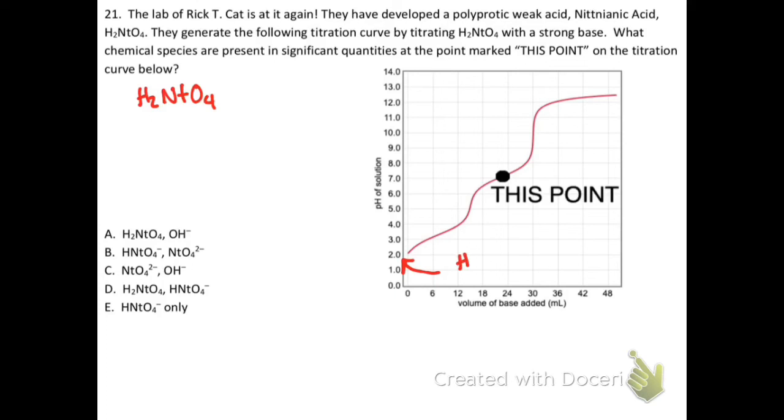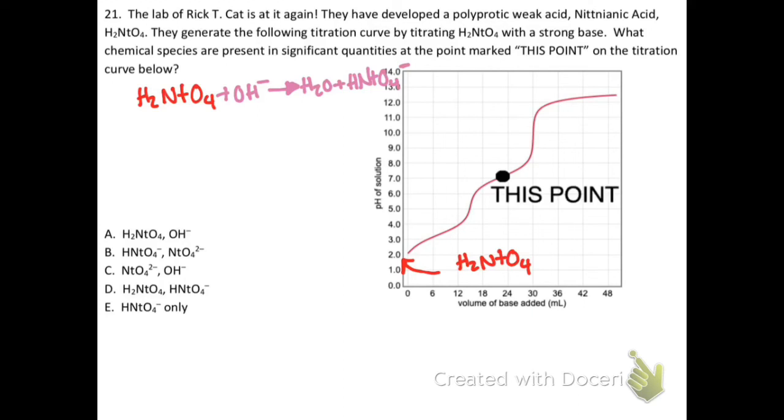That's what we're going to have at this initial point right here. So H2NTO4. Now, as we start the titration, what's going to occur? So we're going to be adding in hydroxide. And whenever we add in hydroxide, remember hydroxides are going to keep ripping off protons, as many protons as they can. And they're going to form H2O and HNTO4 minus.